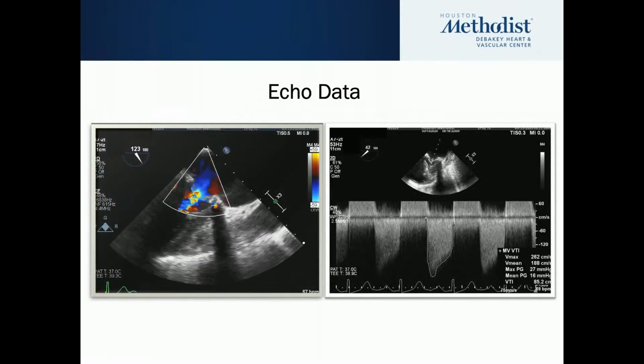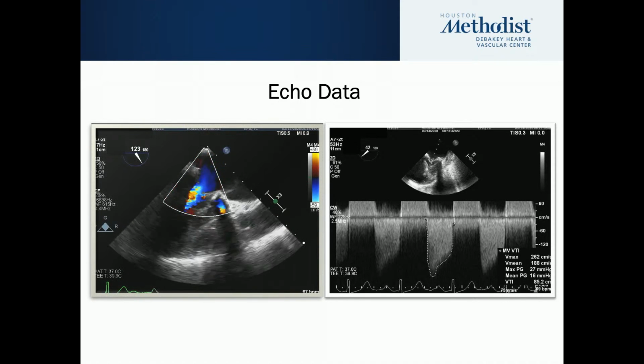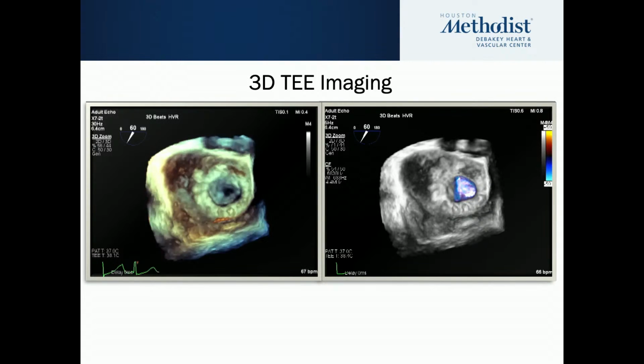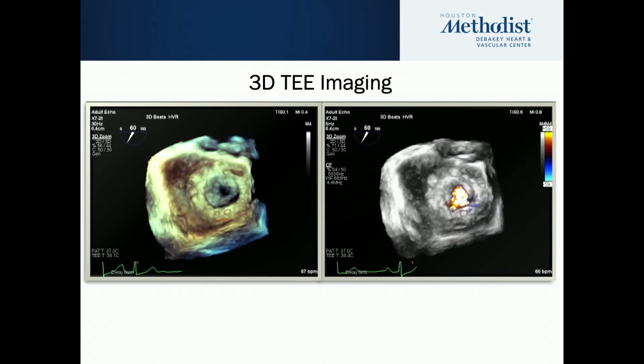These are the transesophageal echo images. On the left-hand panel, we can see that there is at least 2 plus mitral regurgitation, and on the right-hand panel, we see the Doppler profile through the mitral valve with a mean gradient of 16, suggestive of severe bioprosthetic mitral stenosis. This is the 3D of the prosthetic mitral valve.